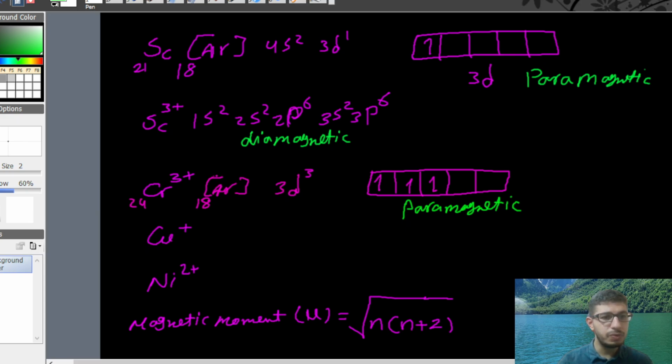So let's move into the electronic configuration of copper. Copper is 29. Let's write the configuration of copper 29 first, the metal itself, then we will check copper 1 positive.